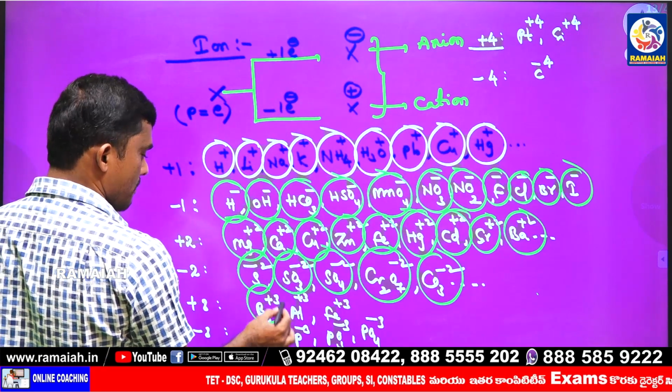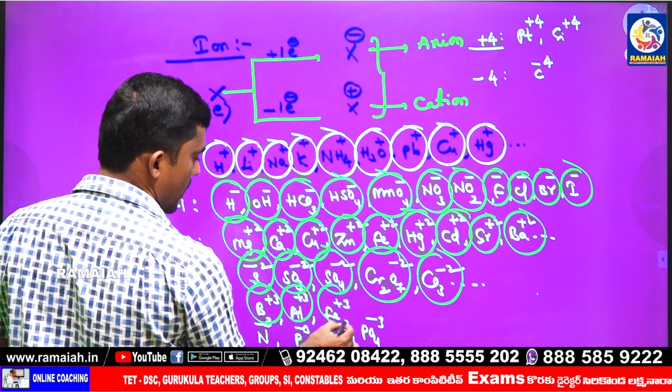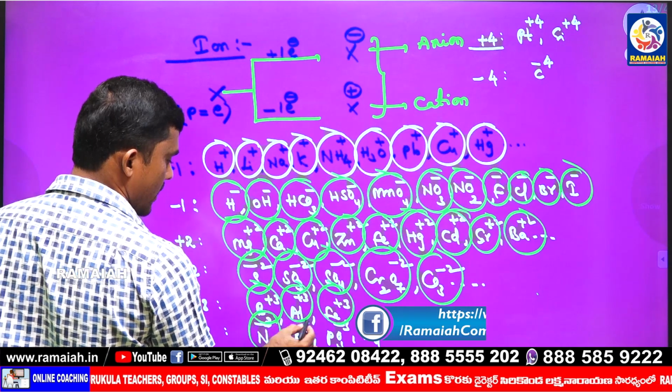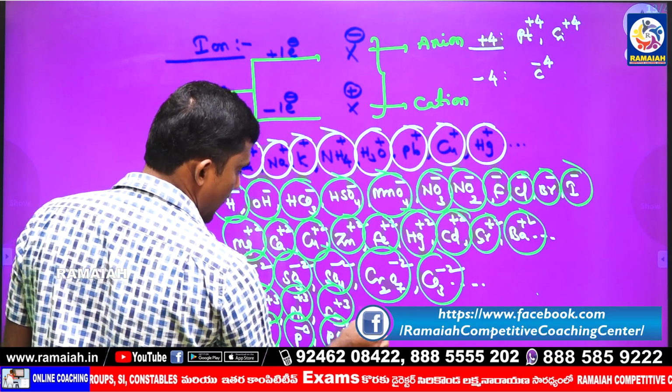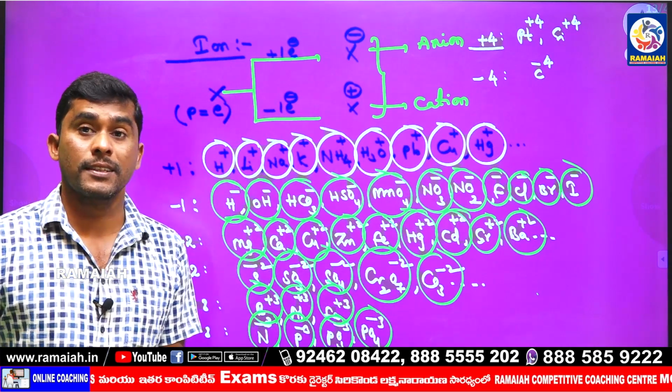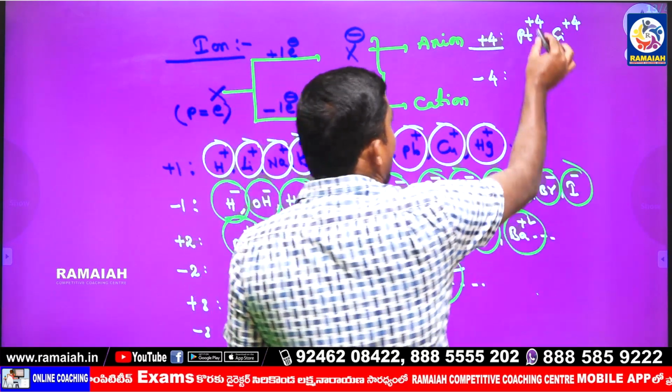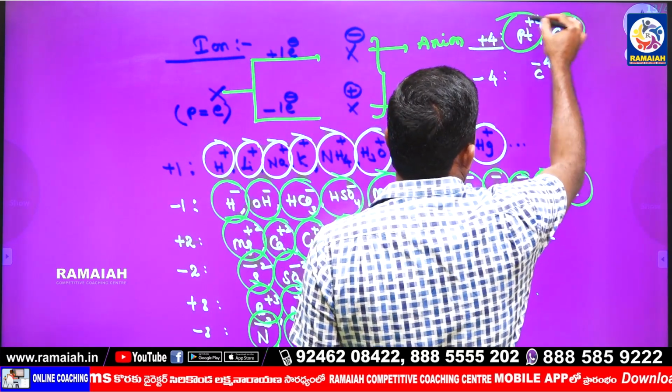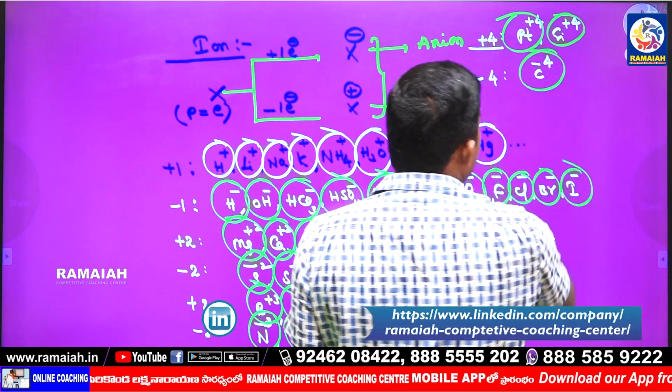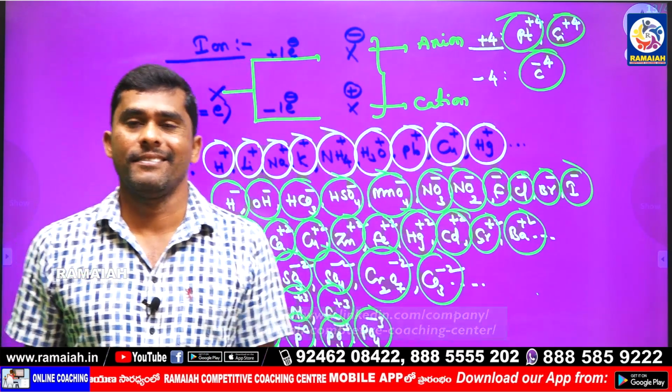Next, B plus 3, boron, aluminium, iron. Negative: nitride, phosphite, and phosphate. Next, plus 4, platinum ion. Next, silicon ion. Minus 4, carbide ion.